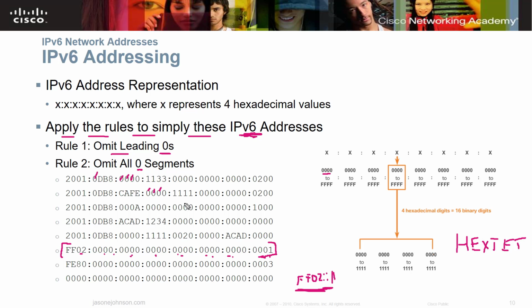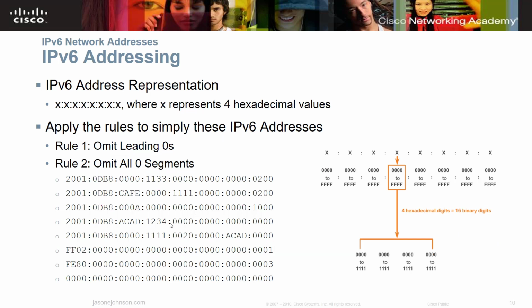Now I cannot do this: if these were all zeros here, I could not eliminate these and then these over here, and just leave those. You cannot eliminate zeros if they are not beside each other. So that's the other rule on that. They have to be beside each other.